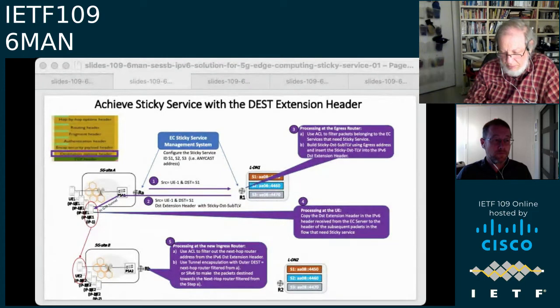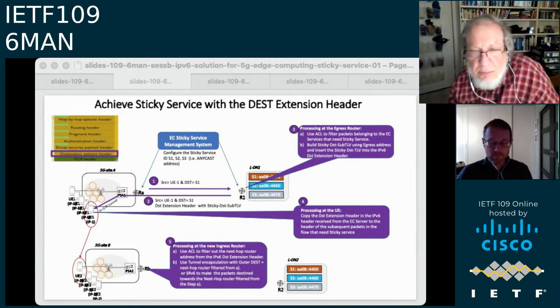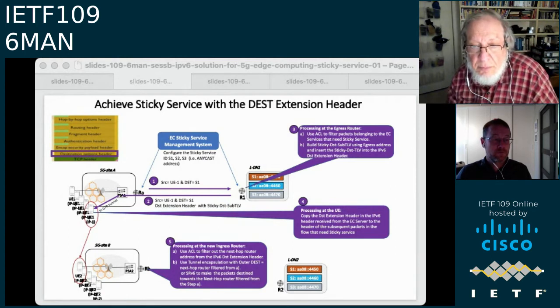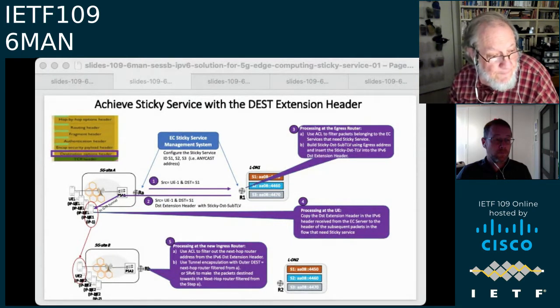So then the traffic comes back to the UE, and the UE has the expected behavior to copy the destination extension header from the received packet to the subsequent packets for the services and for the flows that need to be sticky.